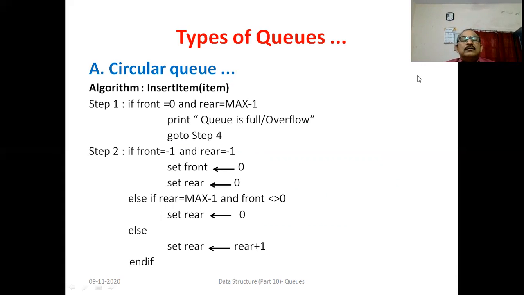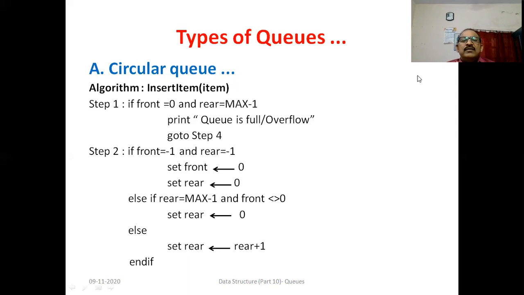Now we are going to implement how we will write the insert item function in a circular queue. When front is equal to 0 and rear is equal to max minus 1, in that case the queue is full. So before adding the element into a circular queue, we have to check this condition.